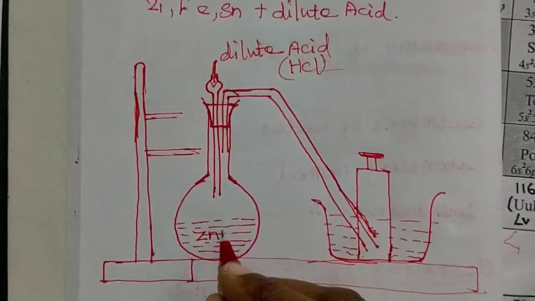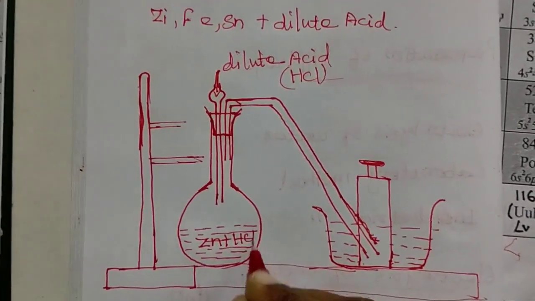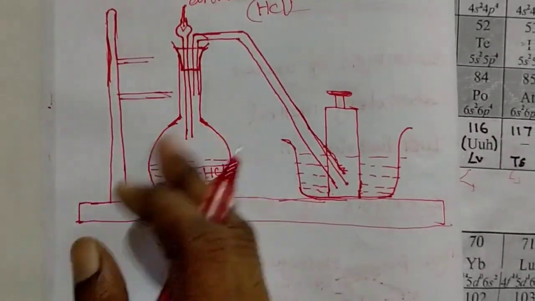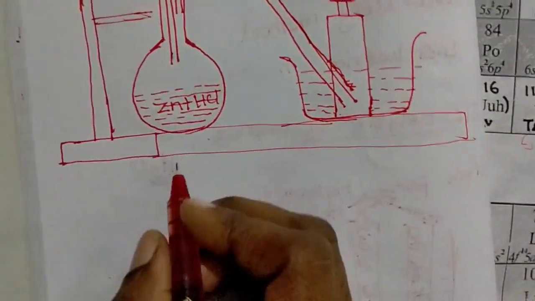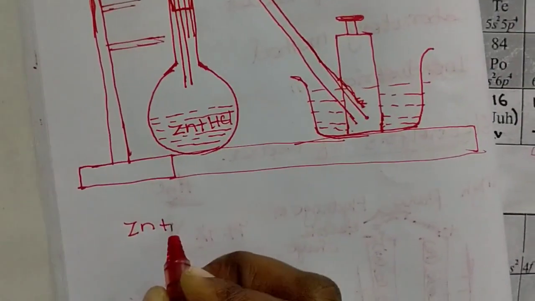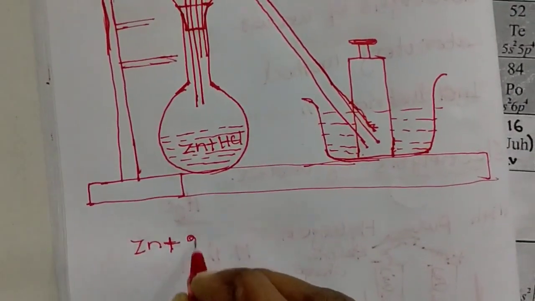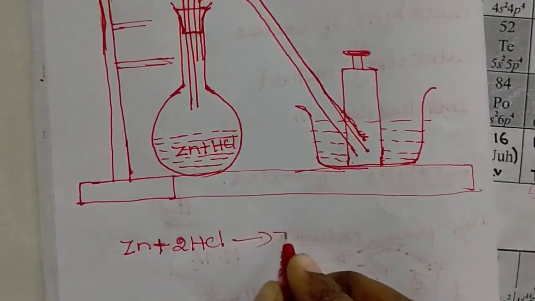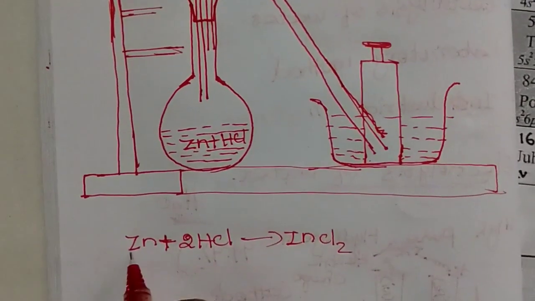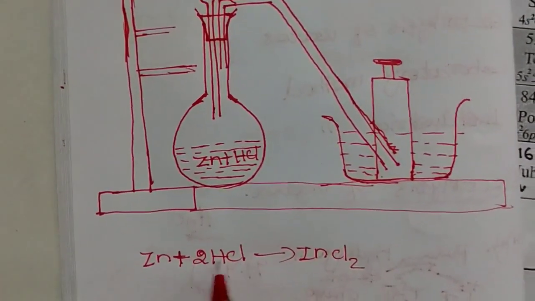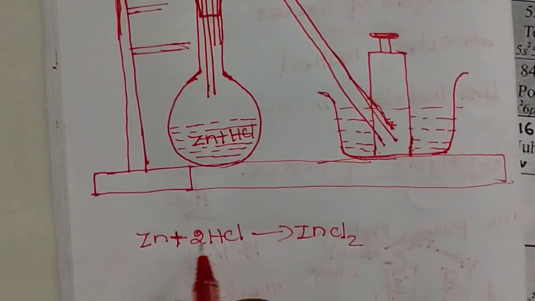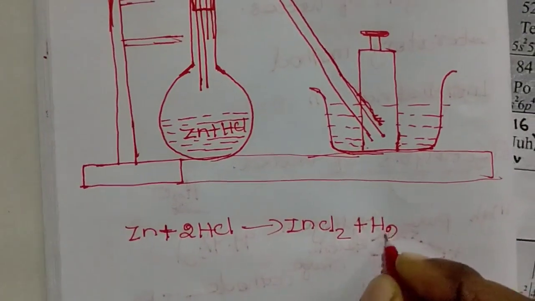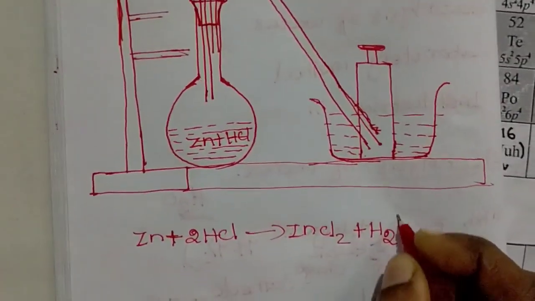So zinc plus hydrochloric acid react together, and the reaction in this round bottom flask is mentioned below. Zinc reacts with 2 molecules of hydrochloric acid and releases zinc chloride. 1 molecule of zinc combines with 2 chlorides, and hydrogen is released here as a gas.